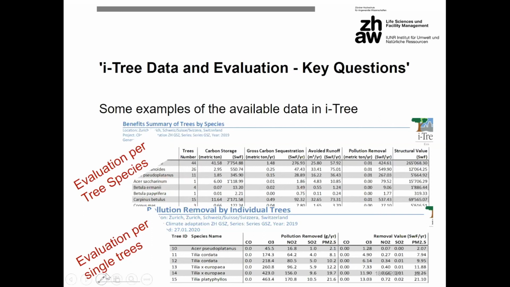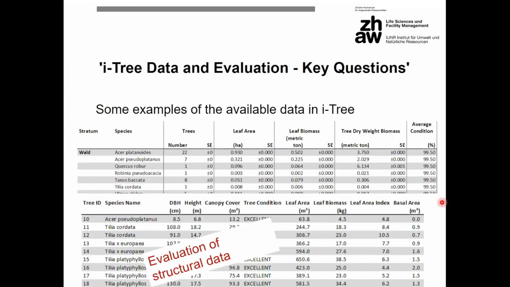You can do it as well for every single tree, and have the results on the very individual tree level. Well, with these tables, it's pretty difficult to inform politicians or just the population of a city.